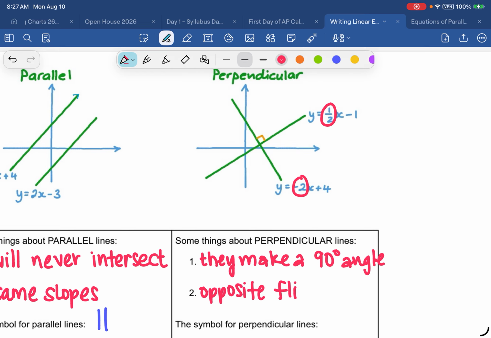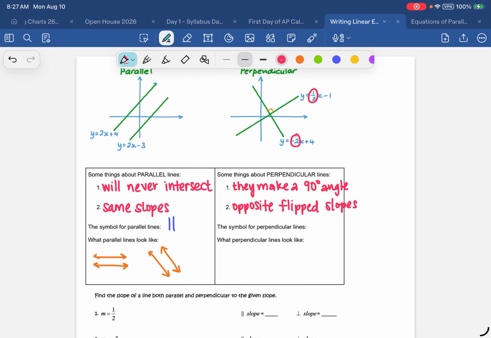I call it opposite flipped, or opposite reciprocal. You may have heard that phrase before. It means that like the fraction 1/2, if I flip it over it's 2/1, but then they also change signs, so it went from positive to negative. That's how you can determine the slopes of perpendicular lines.